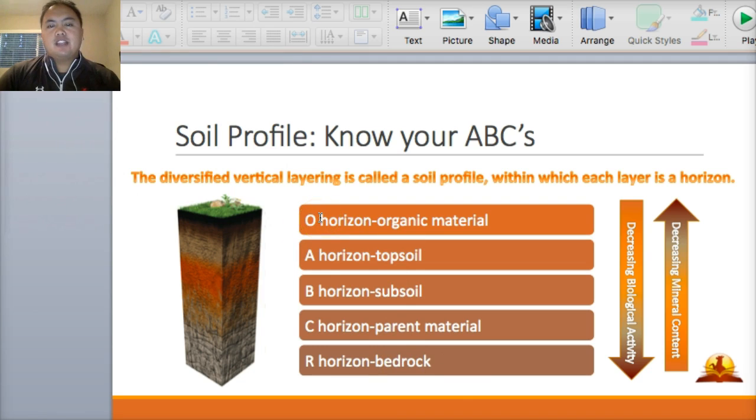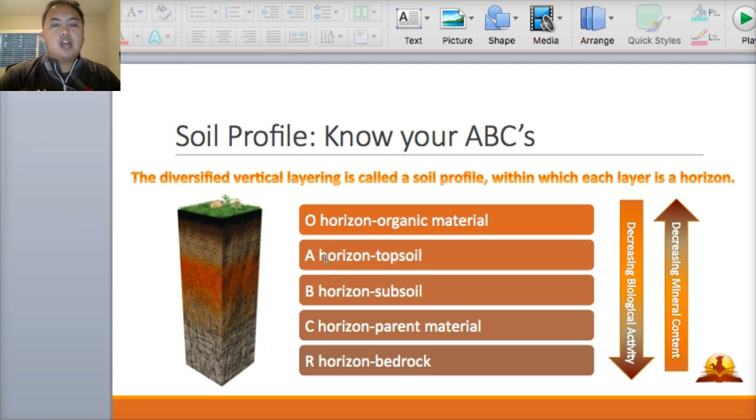O stands for organic material. It is basically everything that just falls on top. We're talking about leaves, grass, just anything that falls on top of the soil, trash, anything that's on top. They call that the O layer, the O horizon, organic material.